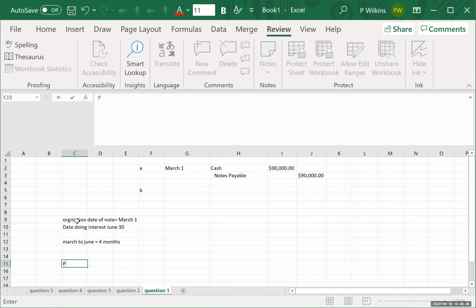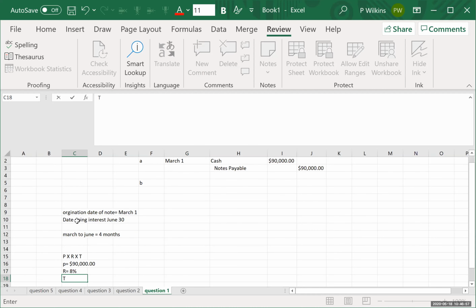So this is where we have principal times rate times time, just like face value times rate times time, right? In this case, the principal of the note is $90,000. The rate is 8%. And the time is something over 12, right? In this case, it's 4 over 12 because we had the 4 months.